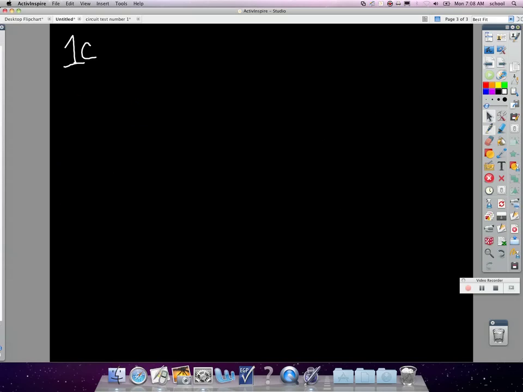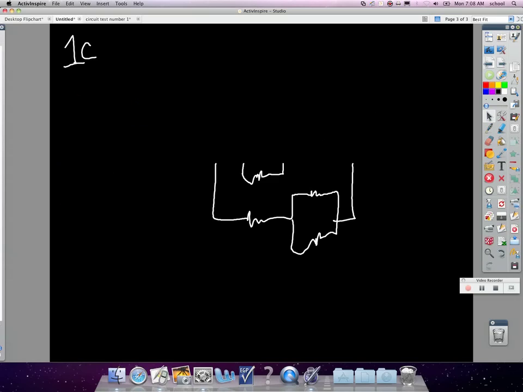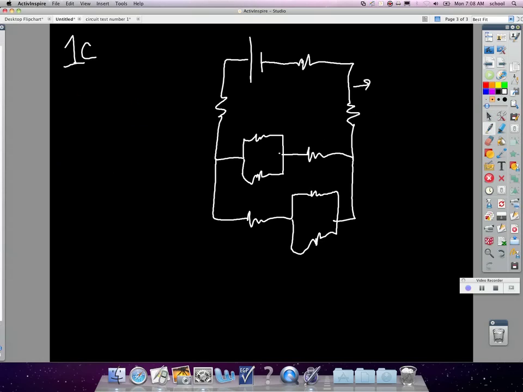And D, how much power is consumed in each resistor. So use whatever you want. I'm just going to use IV. So IV is 16 amps, 16 amps, 16 amps.